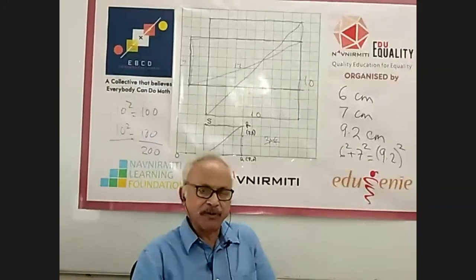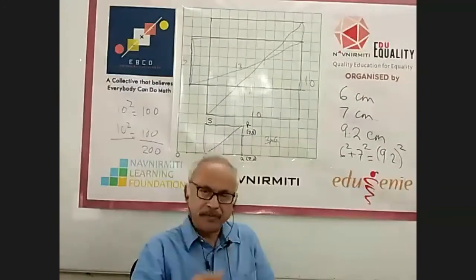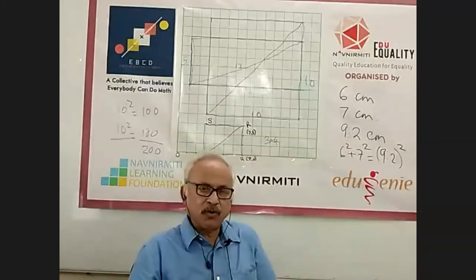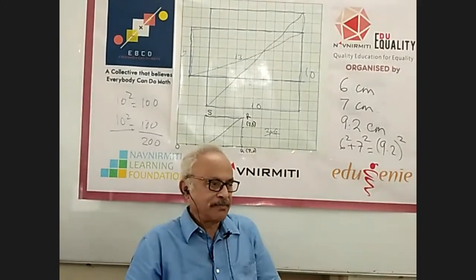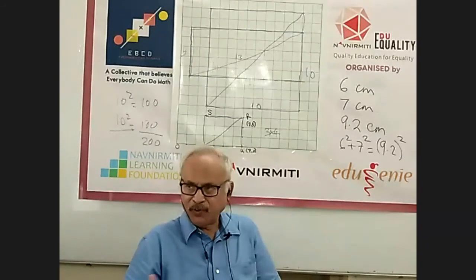Now the next homework problem. The next homework problem is: find the square root of 300 by the method which we have showed you.